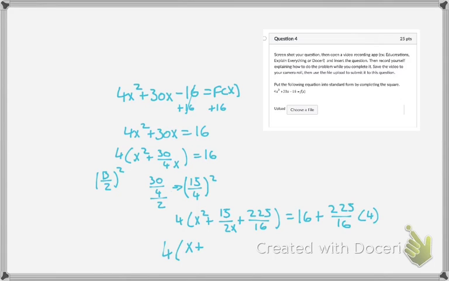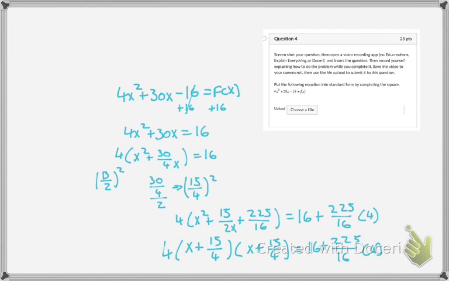To finish factoring it, you have to find something that multiplies to be 225 over 16 and adds to be 15 over 2, and that number would be 15 over 4. So x plus 15 over 4, equals whatever is on the right side, 16 plus 225 over 16 times 4.